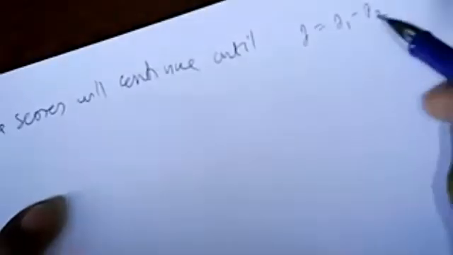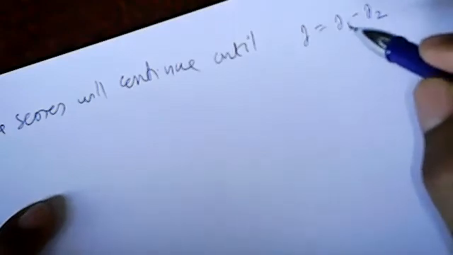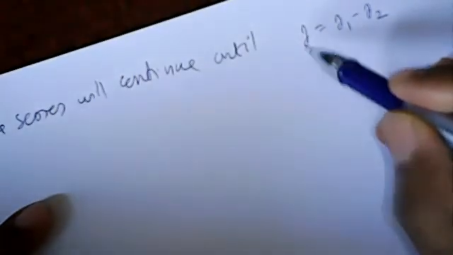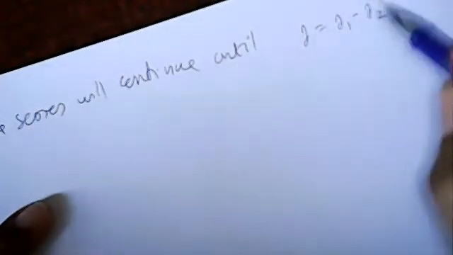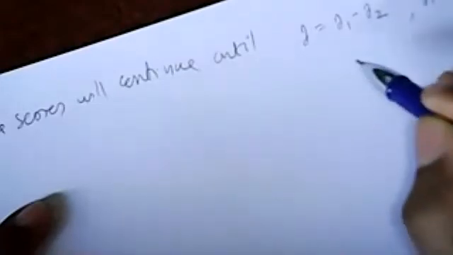Okay. And here one condition is that this J should be always positive. So for that you can say J equal to J1 minus J2 when J1 greater than J2, then it will be positive.